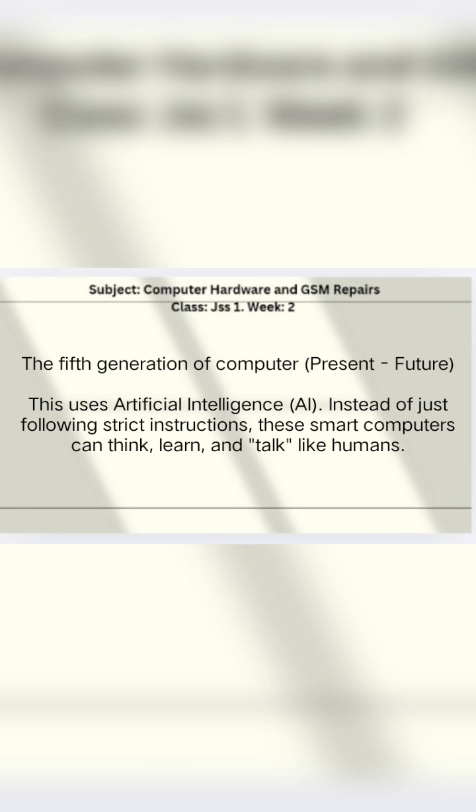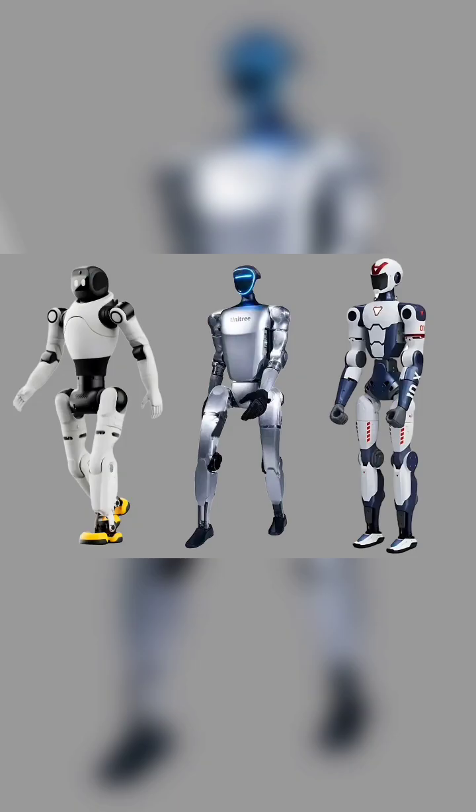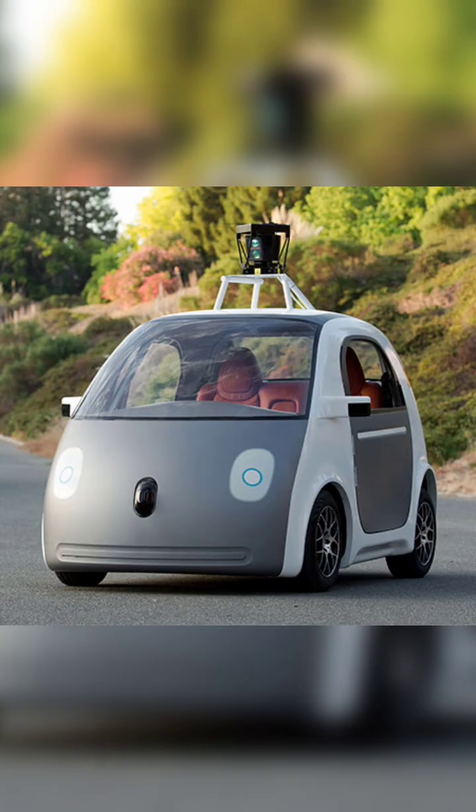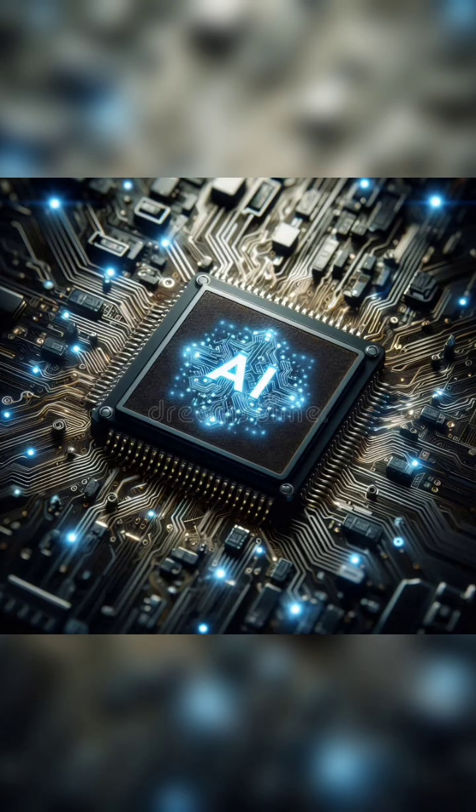So whenever you use a phone that you can scan your face and it unlocks, that means your phone is actually using the fifth generation, which is AI. The fifth generation of computer is from present to future. It combines the power of the microprocessor and AI to process data.